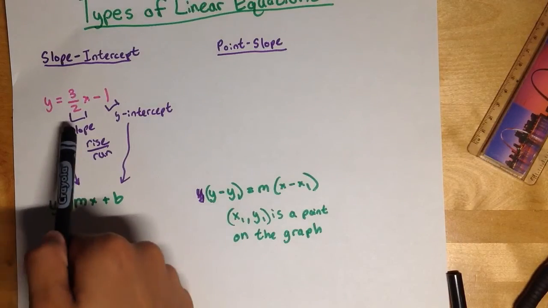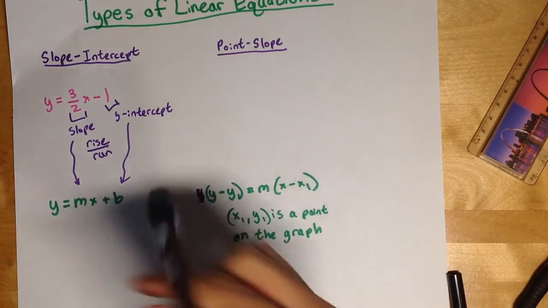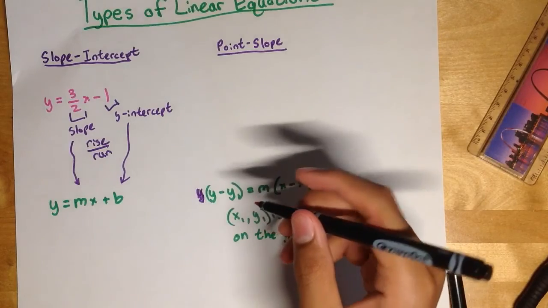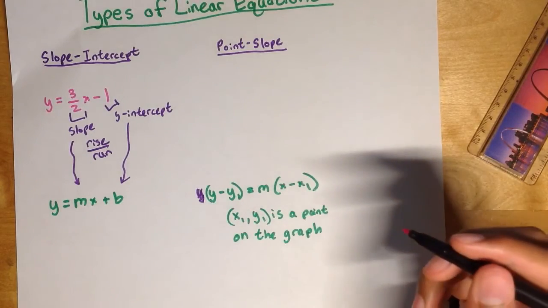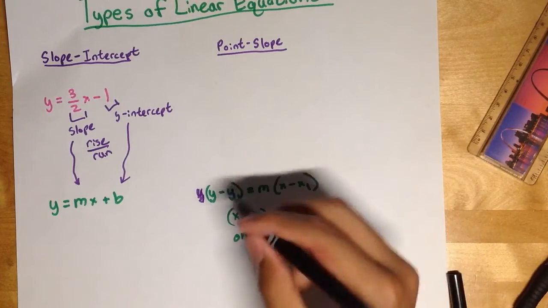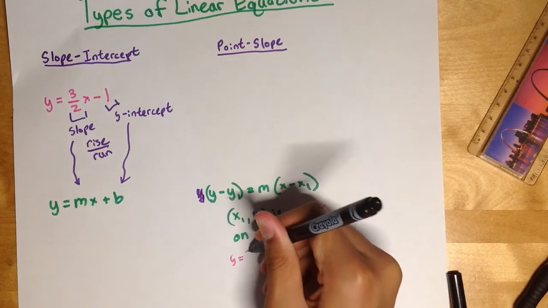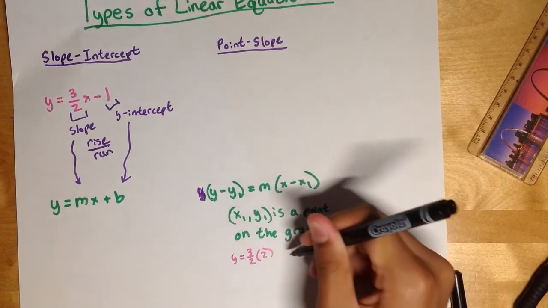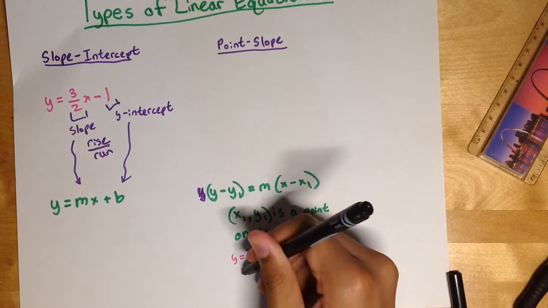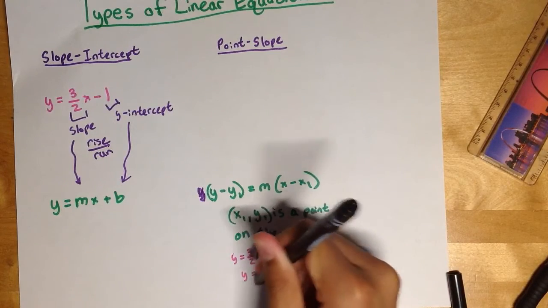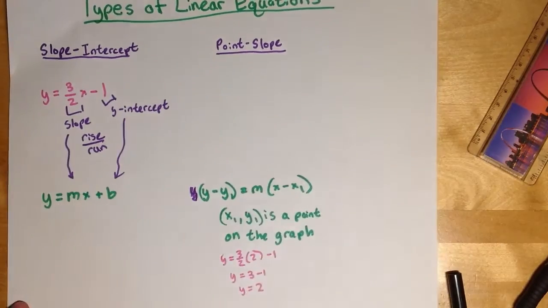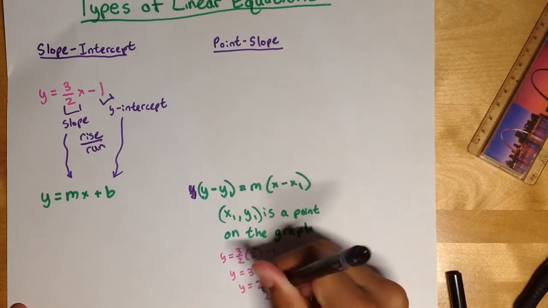So let's look at this equation. Y equals 3/2 x minus 1, right? You take a point on that graph. So a point on the graph would be, plug in x equals 2 for the sake of it. So y equals 3/2 times 2 minus 1, y equals 3 minus 1, y equals 2. So you have the point (2, 2).